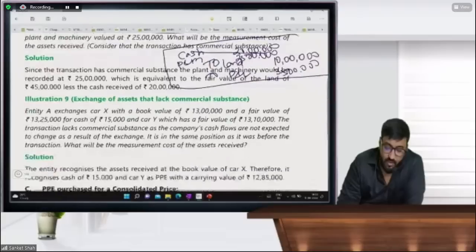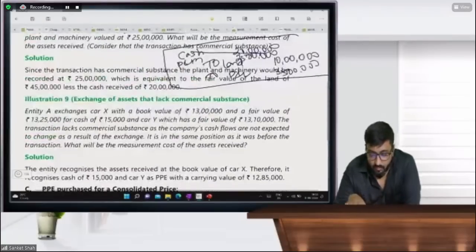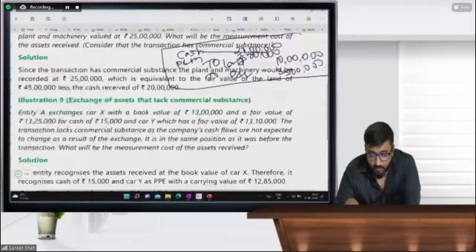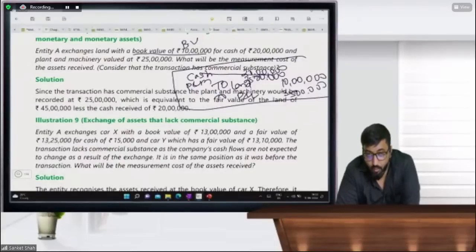And illustration number 9. If an asset is exchanged and there is a lack of commercial substance, then beta, we will record it at the book value of the asset given up. Now you tell me the entry. We will record it at the book value of the asset given up.